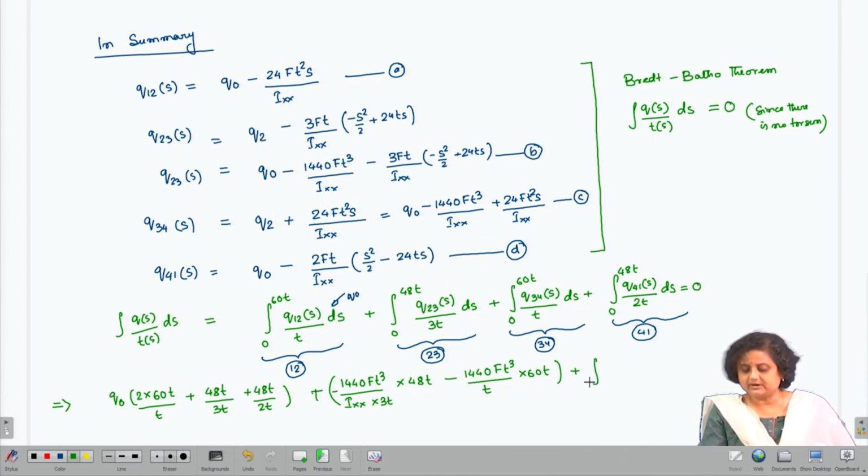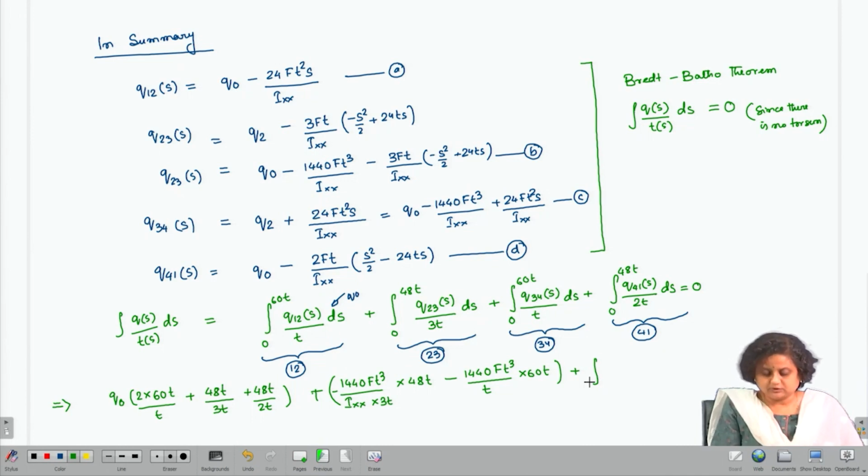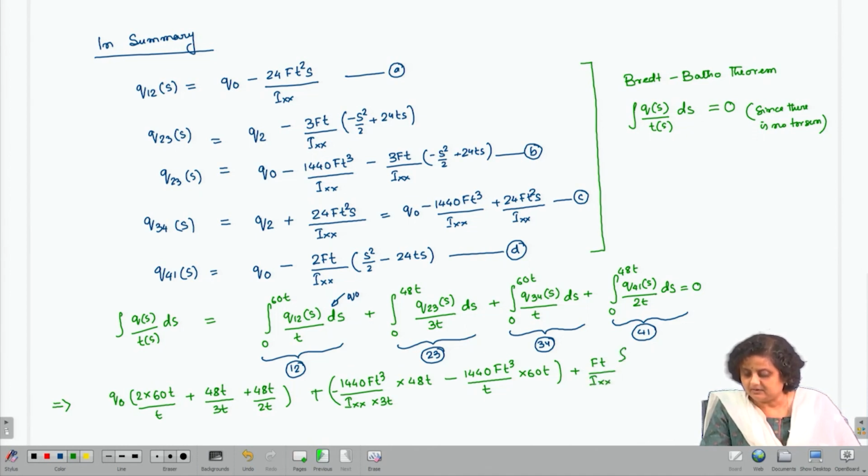Then we have to just take the integral of the remaining portion. Out of the remaining portion, we can take out F T by IXX, and then we can write this as 0 to 48 T, which is going to be 24 Ts by T into ds. So this is coming from portion 1-2.